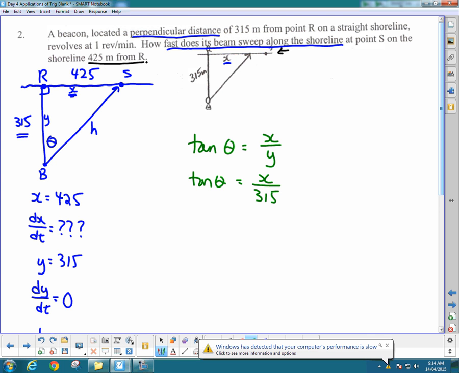Again, like the other question, I'm going to make it just slightly easier by bringing the 315 up here. And now I'm ready to differentiate. Again, we're going to differentiate tan theta, which is secant squared.